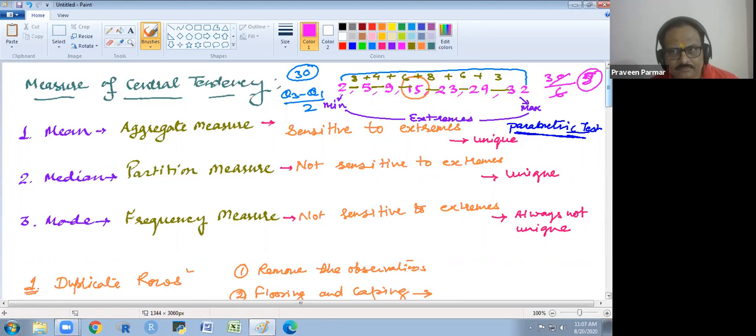Got it? So this thing is missing in statistics. They have forgotten to involve this. They have totally ignored the average scatterness of the data.